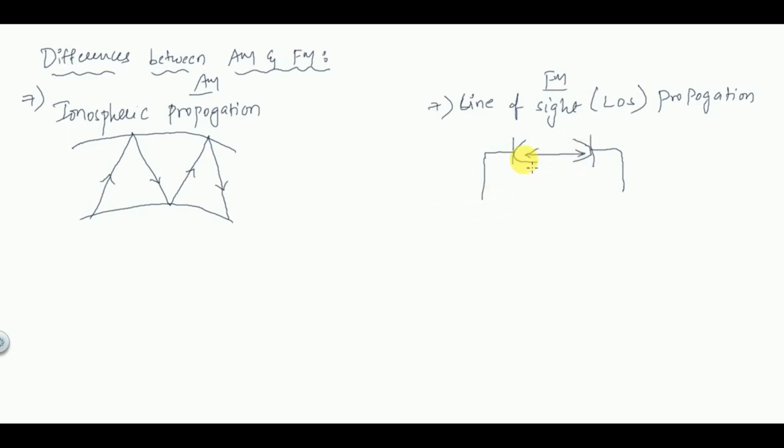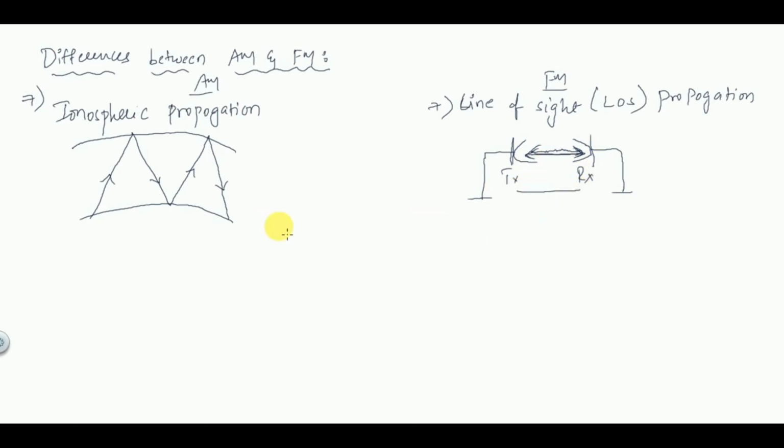That is, the distance between transmitter and receiver must be low in the case of line of sight propagation. Sight means they should see each other, so the distance between transmitter and receiver is going to be less.